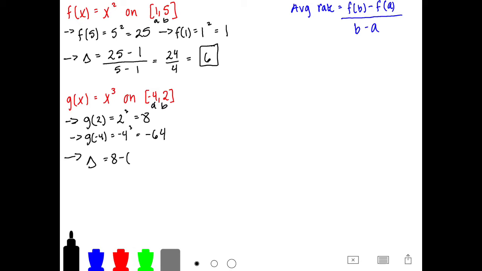Now you have 8 minus negative 64 all over 2 minus negative 4. And since we have two negatives next to each other, that means we will be adding. Alright, and now you have 72 over 6, which equals 12.